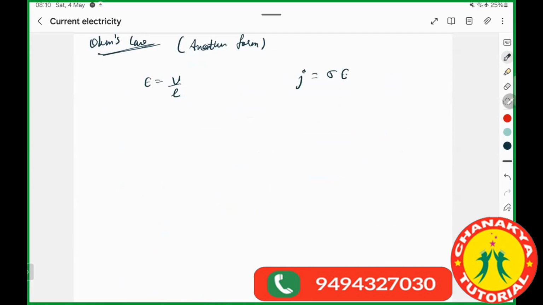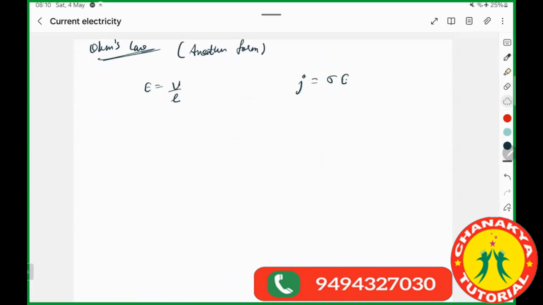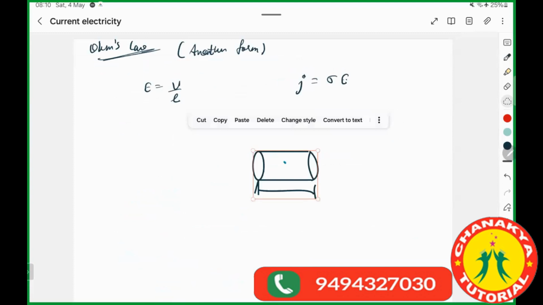So let's include everything here. This is L.